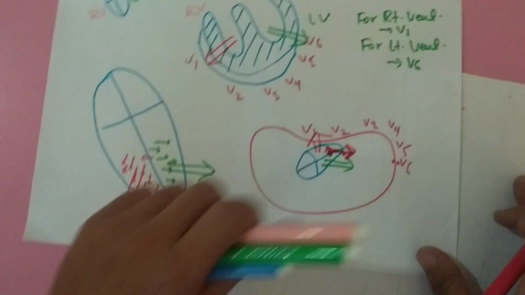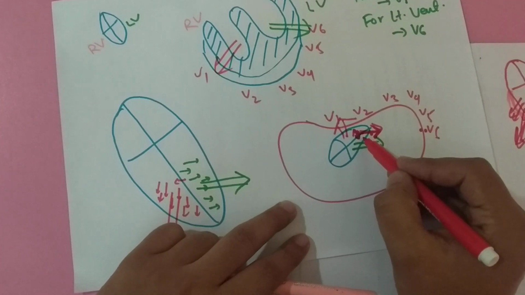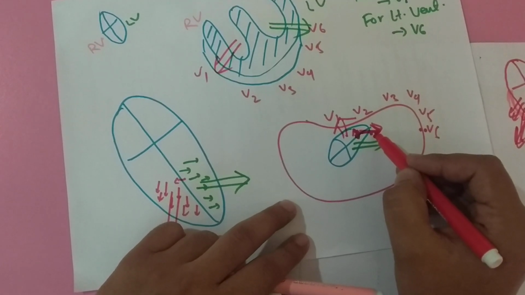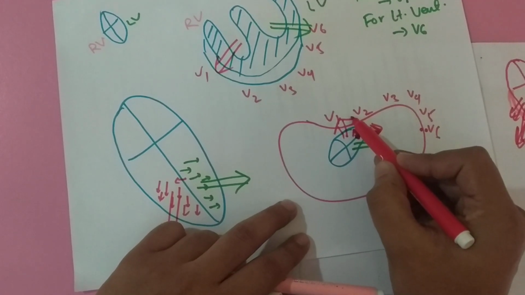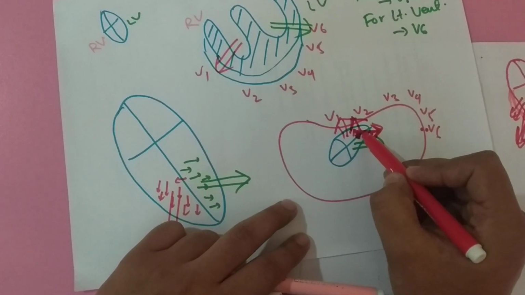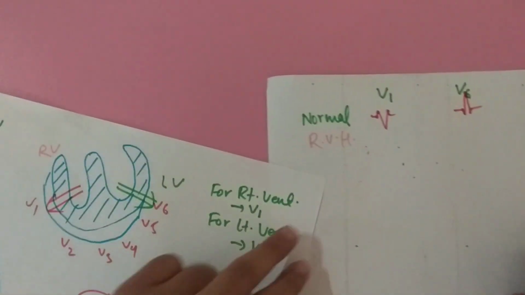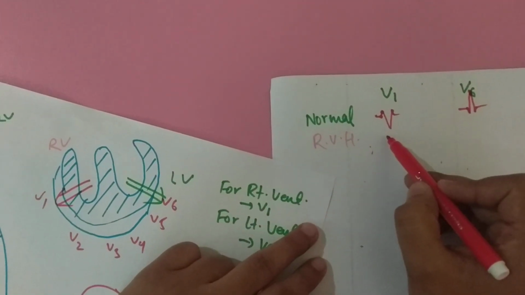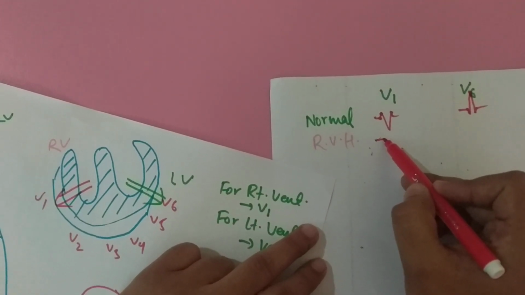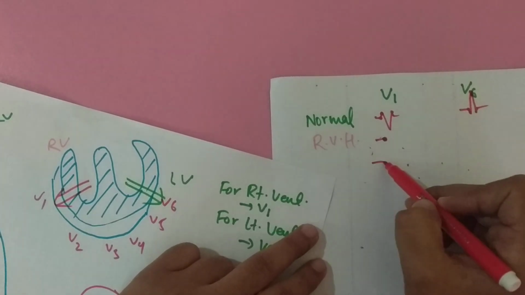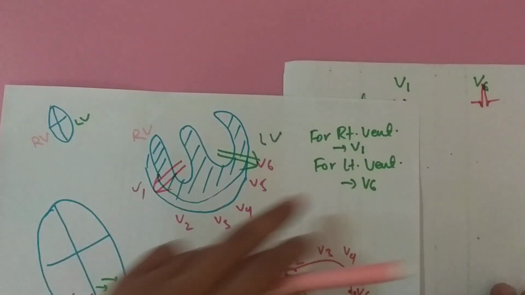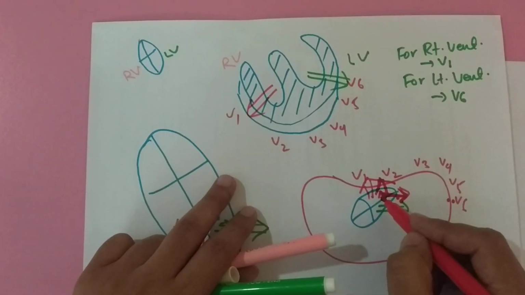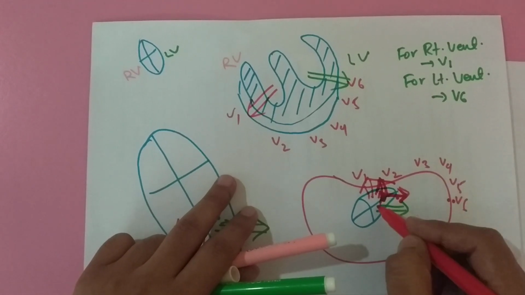So in this diagram, when we draw the resultant vector of ventricular depolarization, most of the vector will be facing towards the V1 direction. So in this case, you will be having a positive deflection in V1, because the resultant vector has now shifted towards the right side.